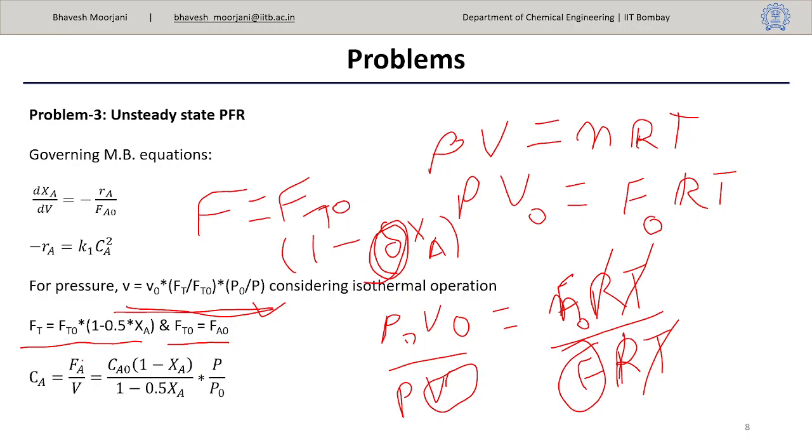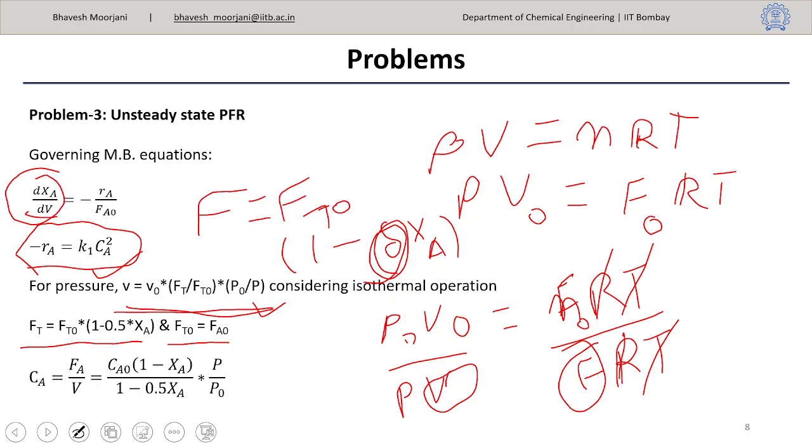So when you want to find the concentration, because in my rate expression here I have concentration Ca. Now previously my concentration Ca was, I was solving my ODE with respect to concentration Ca only, but this time my ODE is with respect to change in variation of mole fraction with respect to volume.